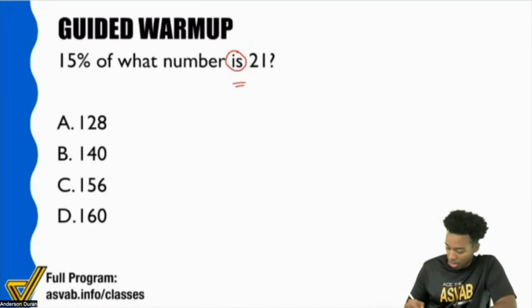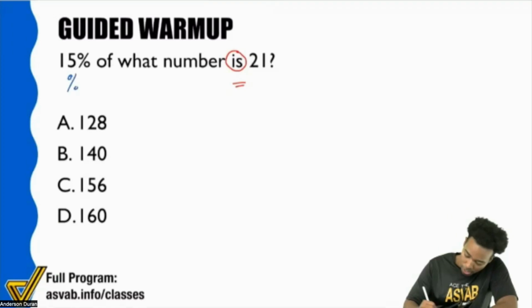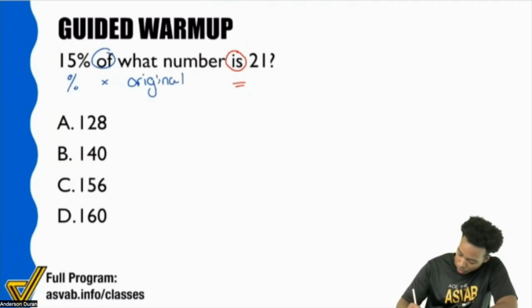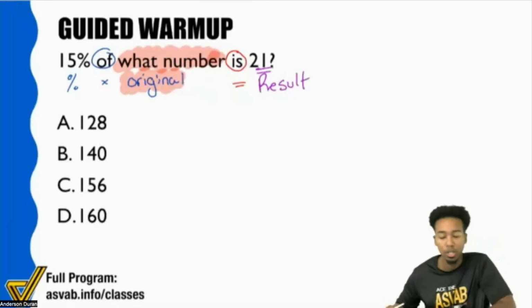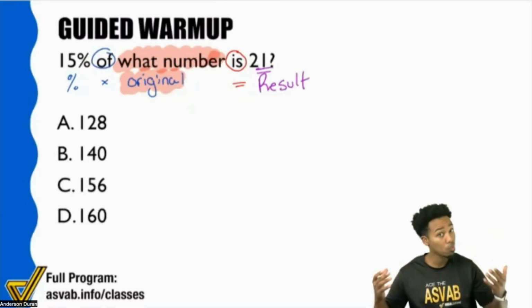And remember, it's always going to be your percent times the original equals the result. So we are looking for the original. Everybody, quick question. If we're looking for the original, technically we're working backwards.